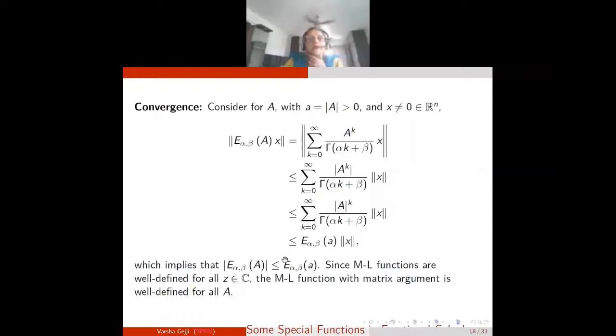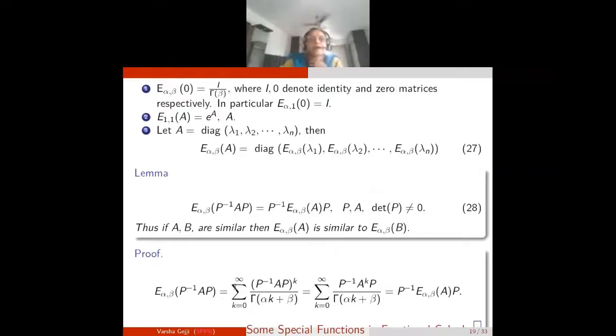Once you have this bound, these functions are well defined, and the Mittag-Leffler function of matrix arguments is well defined for all A. Here are certain properties which I have listed: E alpha comma beta evaluated at 0 is the identity, and E 1 comma 1 of A is nothing but exponentiation of A, where A is a real matrix. If A is a diagonal matrix, then E alpha comma beta of A is nothing but a matrix with these diagonal entries.